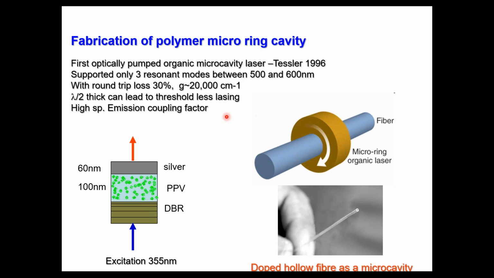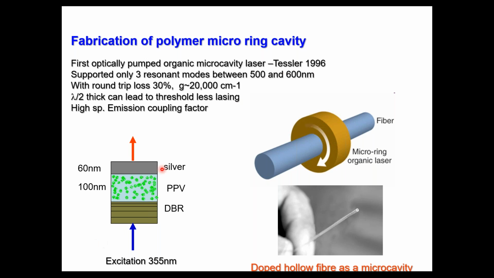And the polymer micro ring cavity was originally reported in 1996. The cavity structure was something like this. This is a fluorescent polymer, and then you have two mirrors, and it was excited using 355 nanometer light, and it was emitting in between 500 to 600 nanometer.